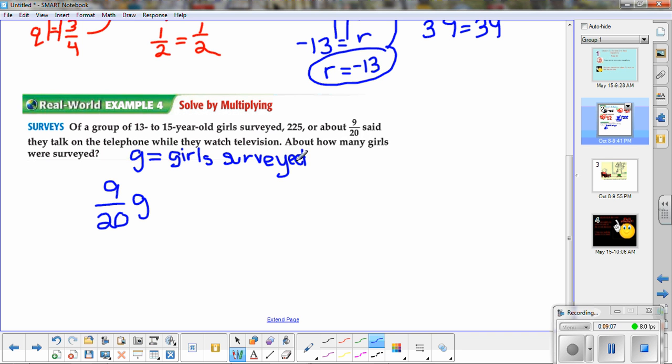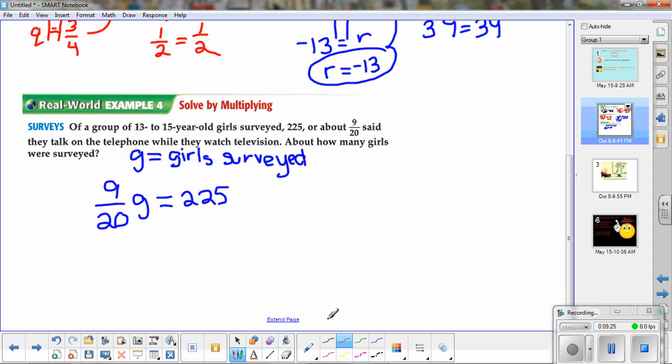And they found that 225 said that they talk on the telephone while they watch television. So 9/20ths G equals 225.